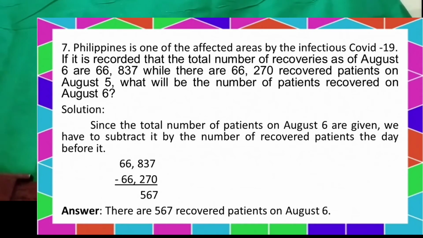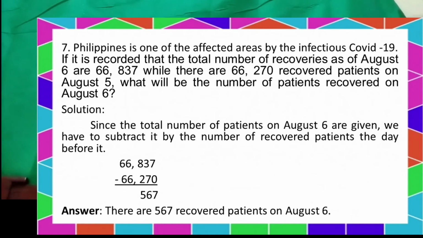Okay, so given the total number of recoveries on August 6 and the total recoveries on August 5, the main problem here is we have to find the number of recoveries on August 6 only, not the total number of recoveries.